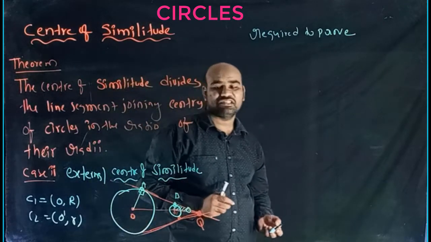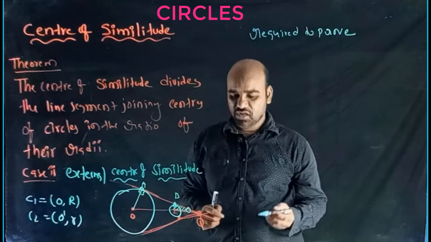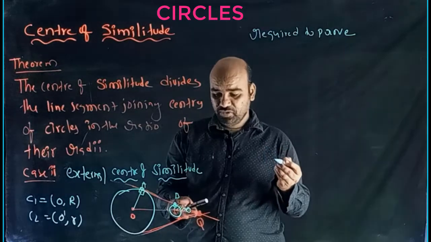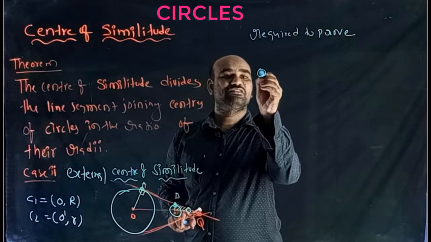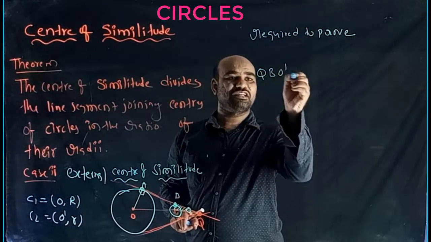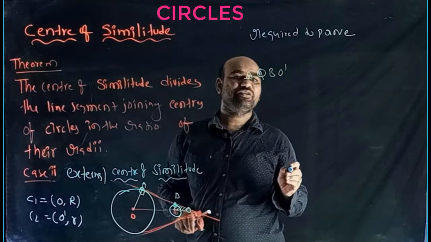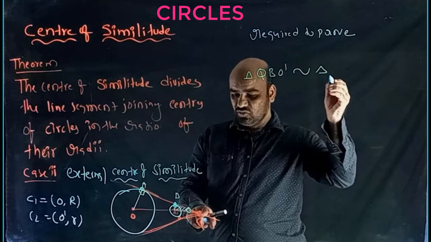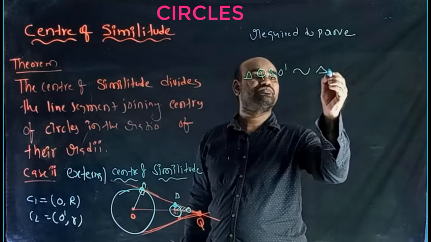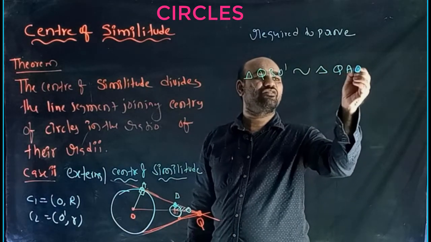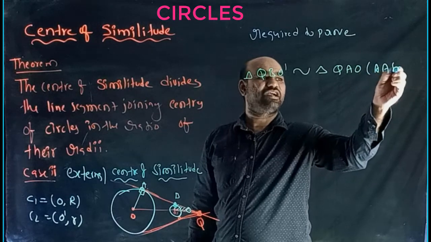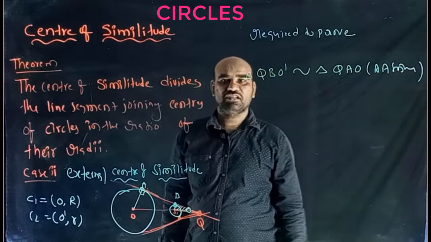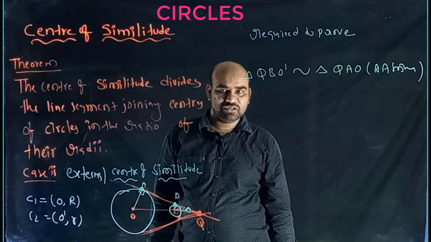So those two triangles are similar by AA similarity. Triangle QBO dash is similar to triangle QAO by AA similarity. If two triangles are similar, their corresponding sides are in proportion.